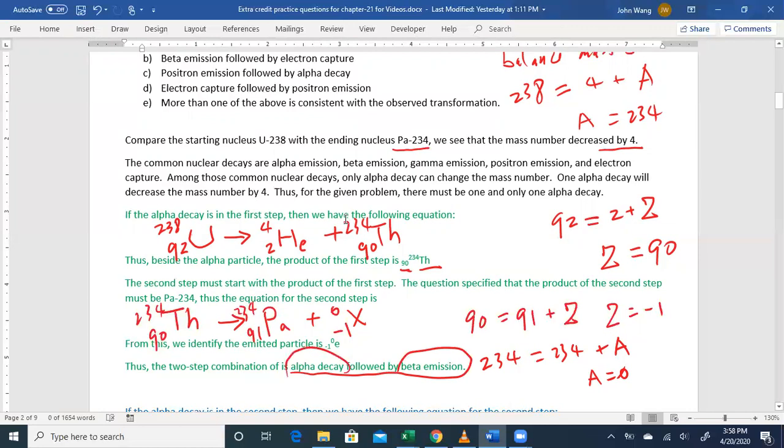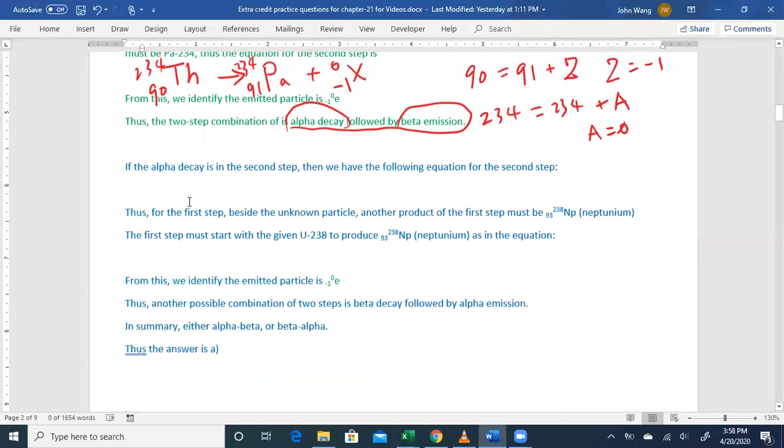Okay, so what if alpha decay happens in the second step? Then we will have this equation for the second step. So we assume the second step is alpha decay. Then from the question, we know we also must produce Pa 234.